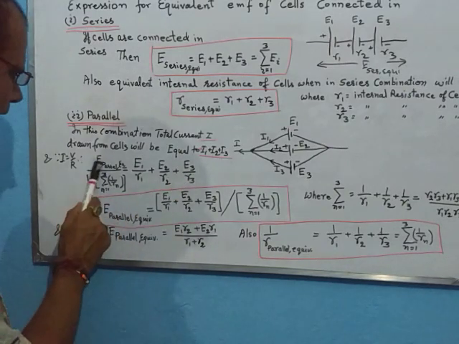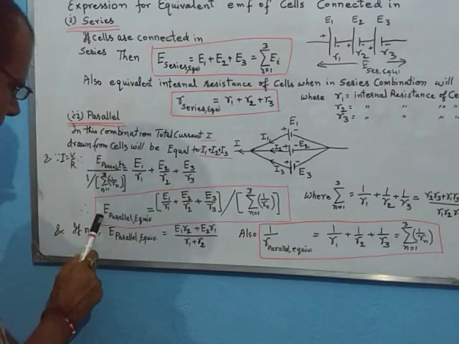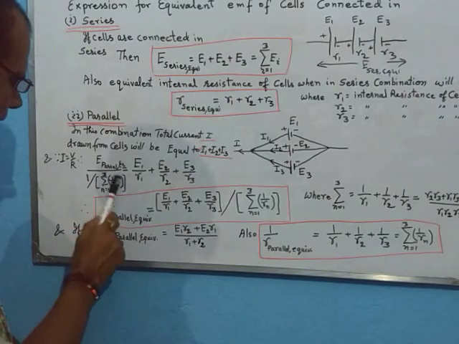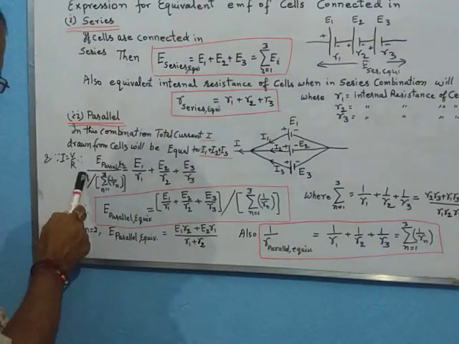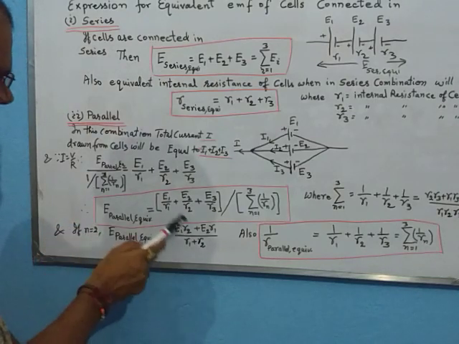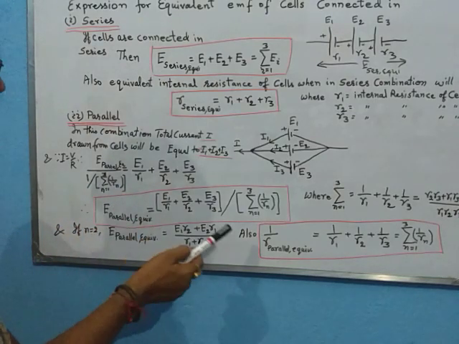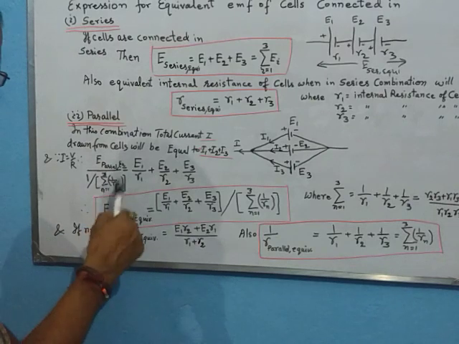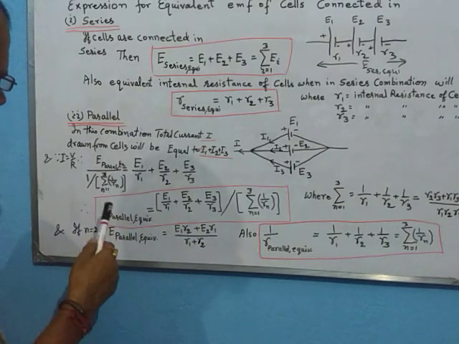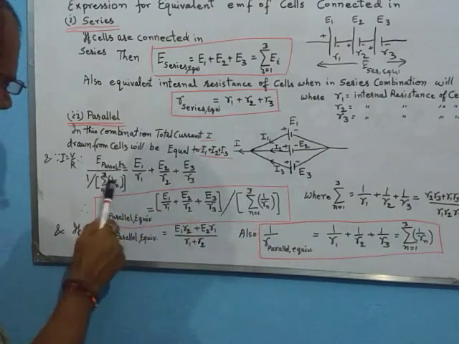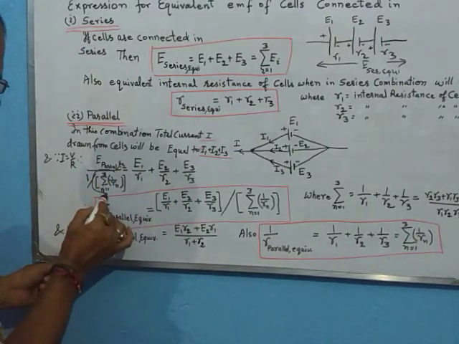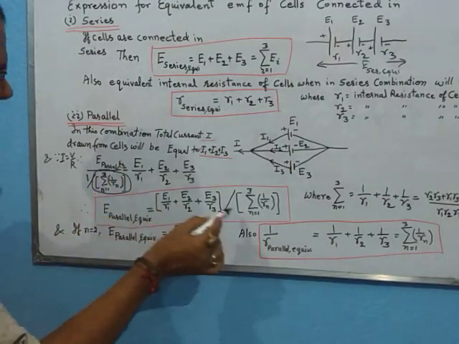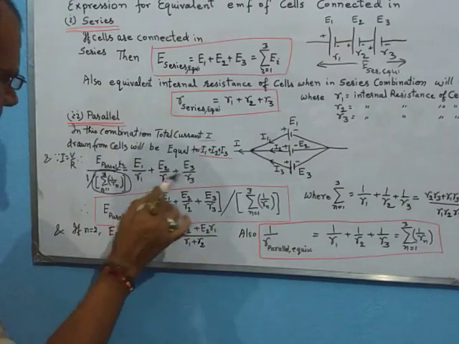Now leave the E parallel equivalent on the left hand side and carry this factor to the right hand side. Since it is 1 upon this much, on changing the side, this factor within the bracket will go in the denominator on the right hand side.